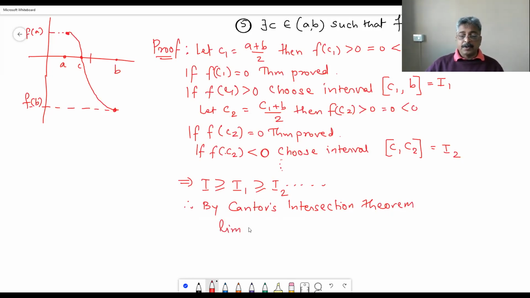limit of C(n+1) minus Cn as n tends to infinity is equal to 0.